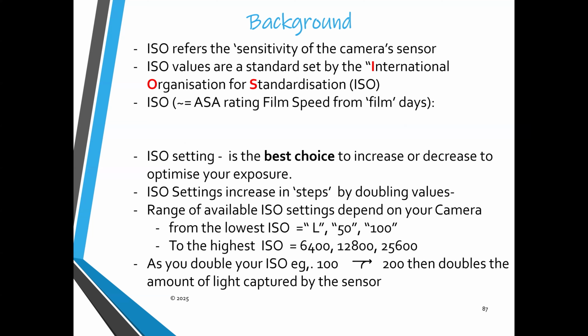It's to do with it electrically amplifying the photons of light that come and land on your sensor. And so because this is an electrical interpretation of this light, the downside is that it will distort the signal.